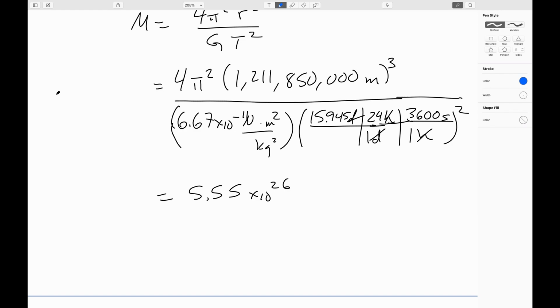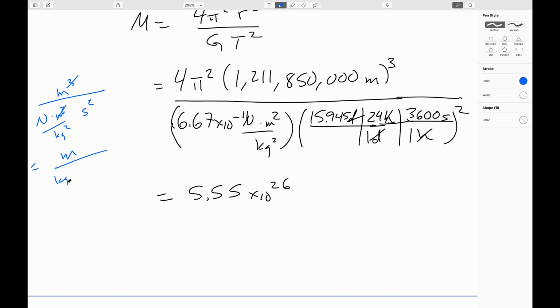So we are going to have meters cubed upstairs, dividing through by Newton meters squared per kilogram squared. And then with the days and hours, we are left with seconds squared there. So we can lose 2 powers of meters there. Now for the rest of this, we're going to have to expand out the Newton. So I've got a meter over.